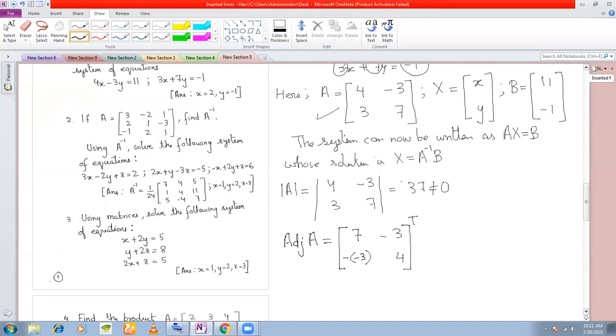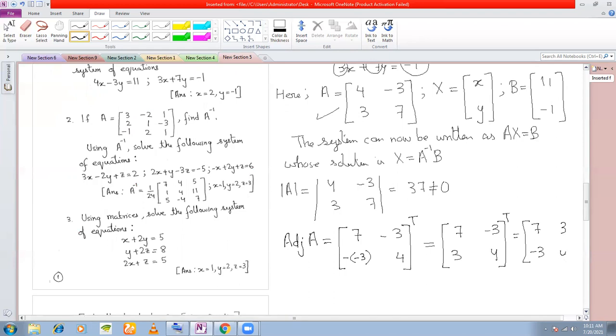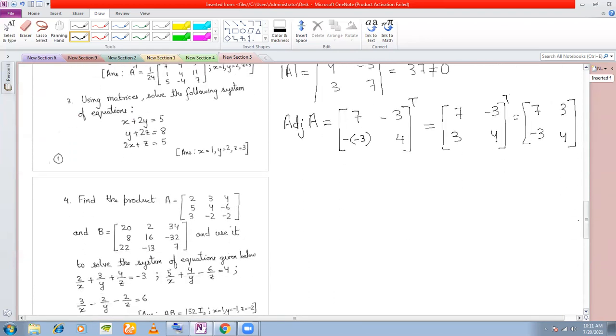You know how to find out the adjoint? Given the matrix A, look at the matrix A and form the adjoint. So you get here 7, minus 3, 3, 4 transpose, which is equal to 7, minus 3, 3, 4. This is the adjoint we are getting. Now once we get the adjoint, we'll proceed to find out inverse.